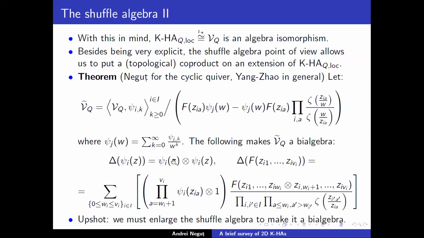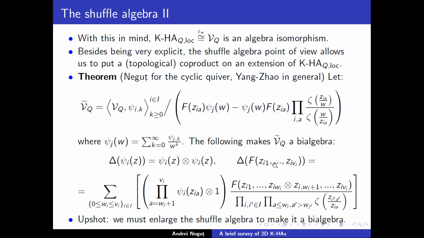And here's how you define the coproduct. The coproduct of the psi's is group-like in a generating series kind of sense. And the coproduct of an element of the shuffle algebra is defined as here below. So this formula may be scary, but here's what it means. If f is a rational function in v variables, you want to get a tensor out of it.